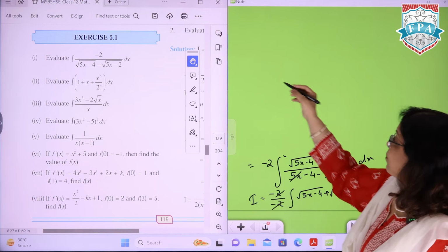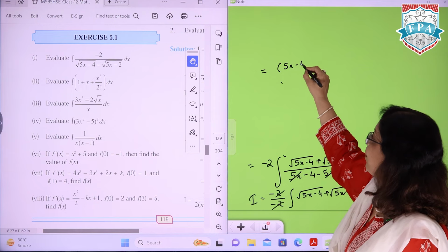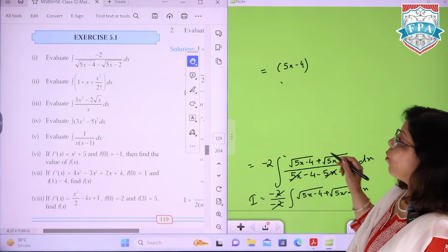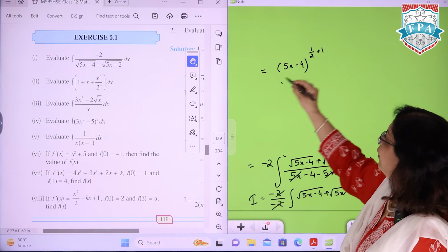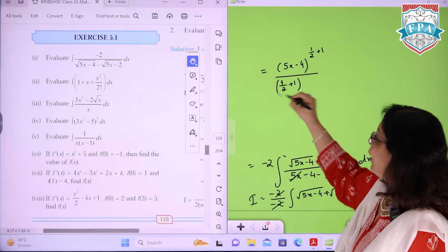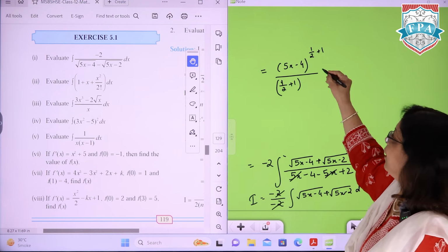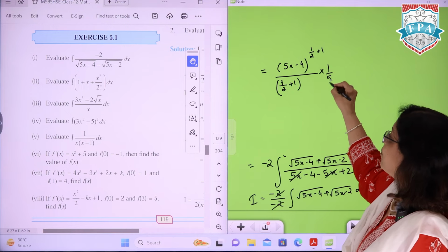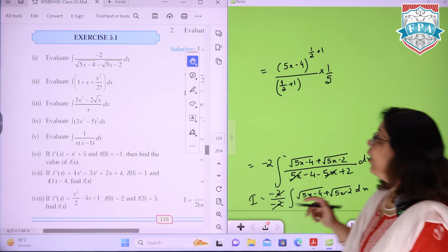Now root 5x minus 4 is actually 5x minus 4 to the power of half. So according to the first formula, it will become half plus 1 upon half plus 1. But since the format is ax minus b, 1 upon a comes as denominator, and here a is 5.